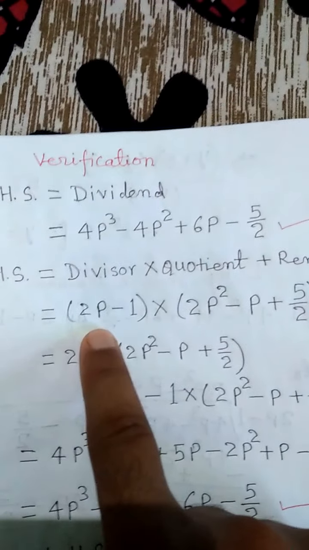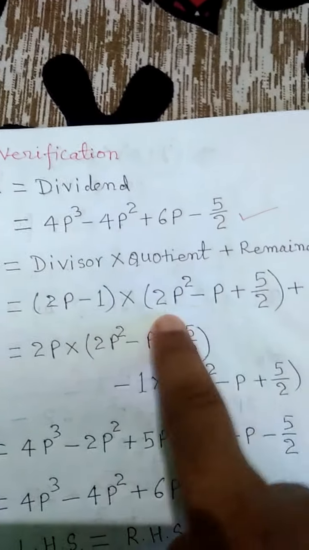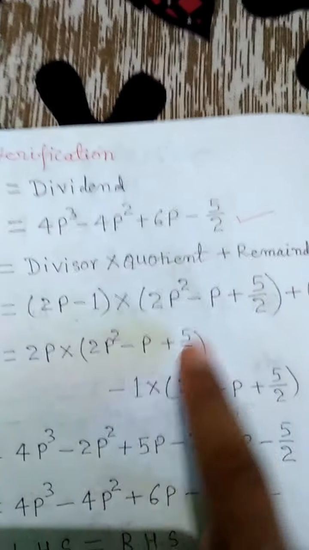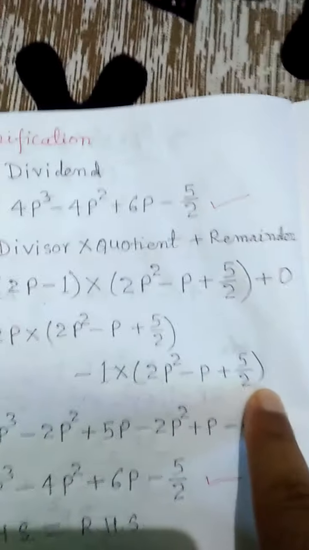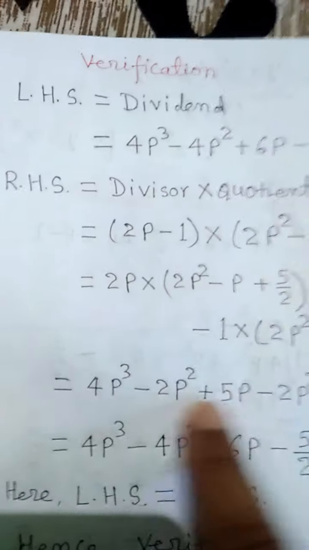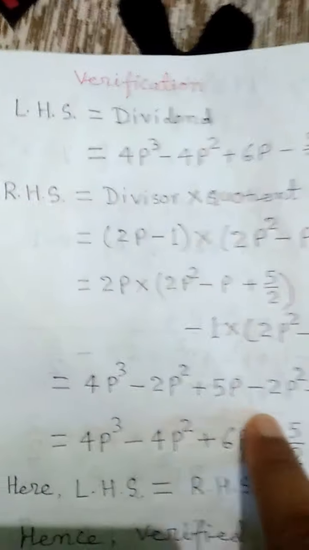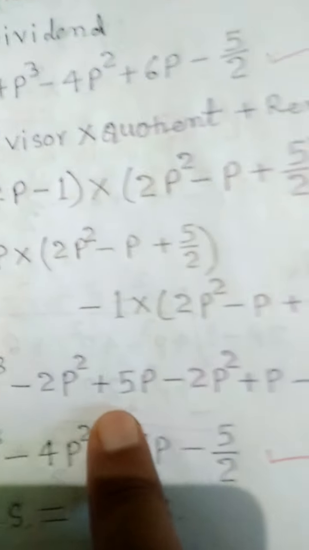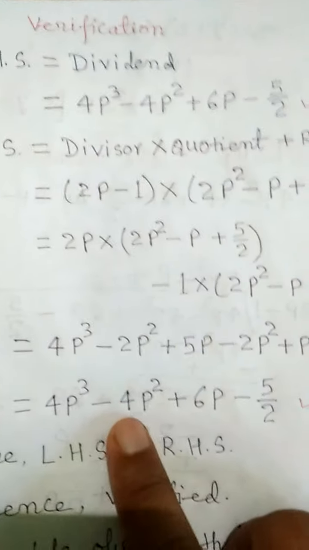Now 2p will be multiplied by these terms, and minus 1 will also again be multiplied by these 3 terms. Finally we get like this. Like terms will be added or subtracted.